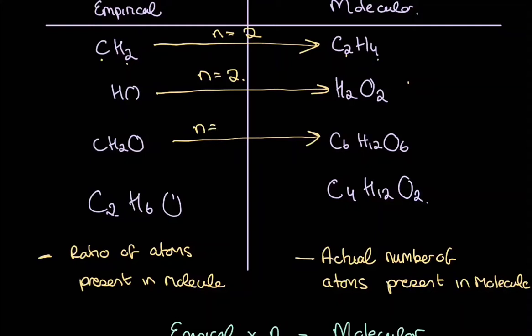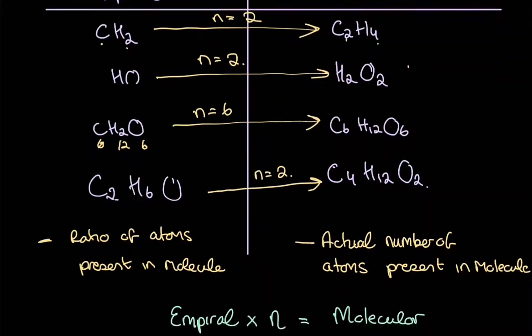Here, think about what n is going to be. n is 6 because you're multiplying C times 6. 2 times 6 is 12, and 1 times 6 is 6. And then going from here to here, n is equal to 2.